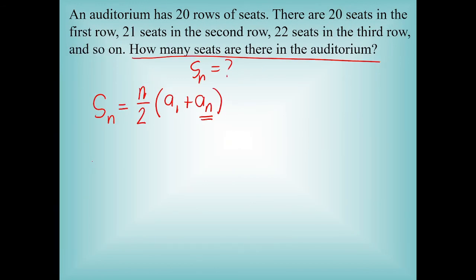Okay? So, we have S sub 20 because there are 20 rows over here. That's 20 divided by 2. The first, we have 20 seats in the first row. 20 plus 39, the outcome we had a while ago.